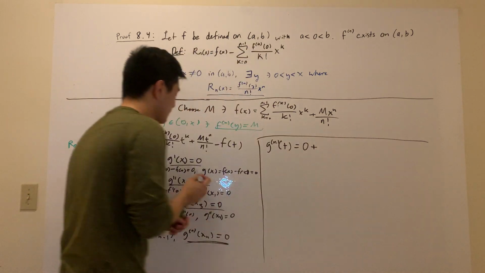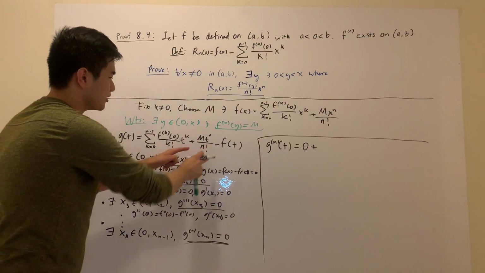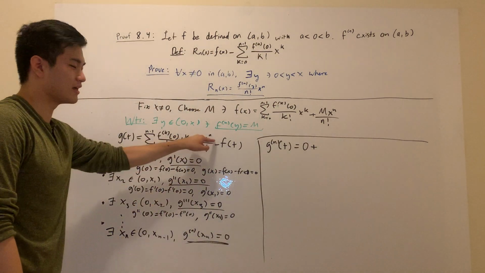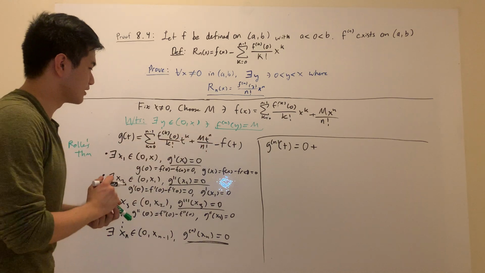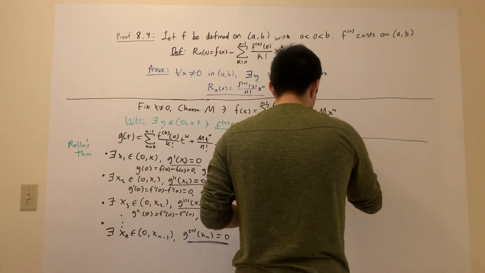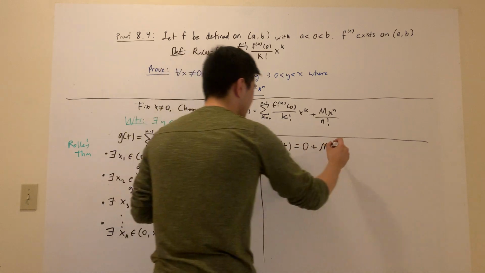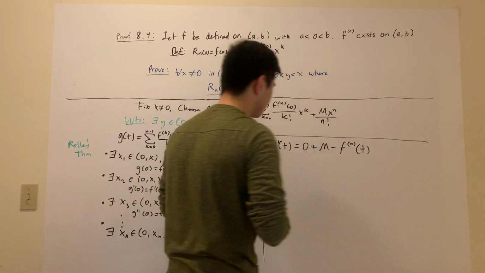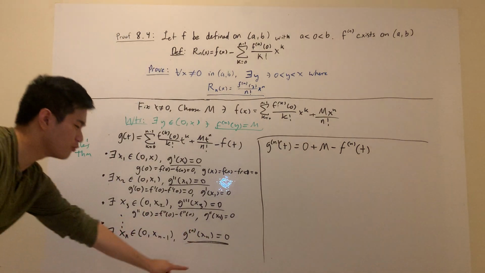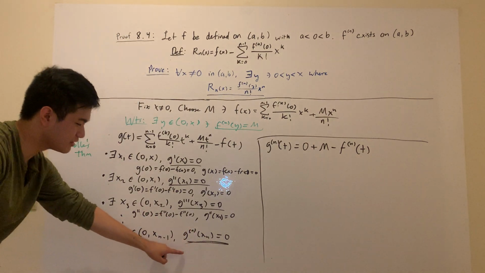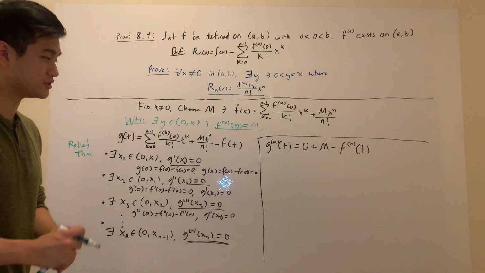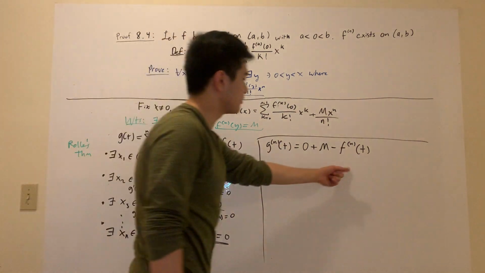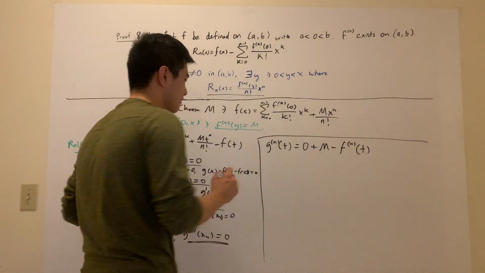Okay? This right here is going to become just m, because we're taking the nth derivative of t to the n right there, so that's going to become m. And right here, we're just going to subtract f to the nth derivative of t. Okay? So based off what we have right here, g to the nth derivative of x sub n equals 0, let's plug in x sub n for t right there.